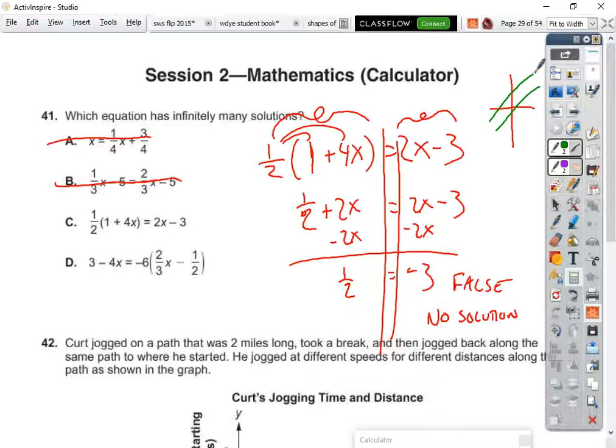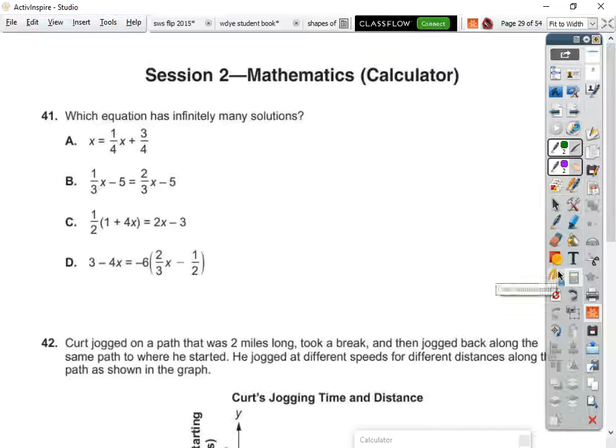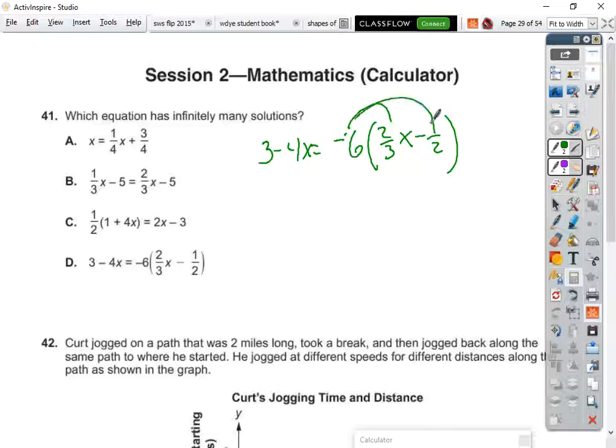Which leaves, obviously, D. But let's show you what happens with D. So we have 3 minus 4x is equal to negative 6 times 2/3 x minus 1/2. Negative 6 gets distributed, so negative 6, well, 3 goes into 6 twice. 2 times 2 is 4, so we end up with negative 4x. So negative 6 times negative 1/2 is positive 3.